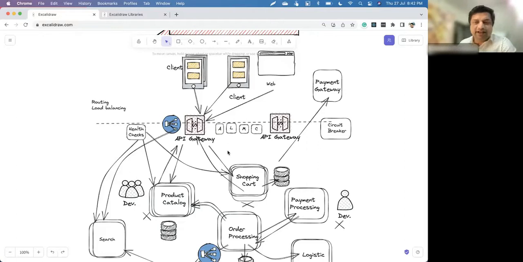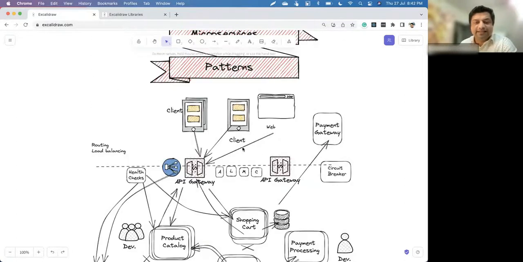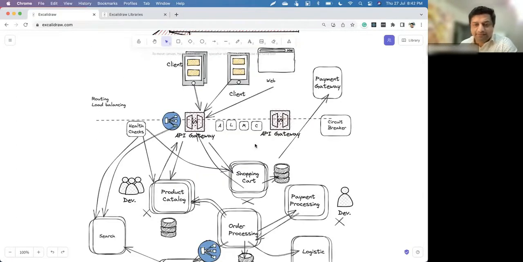Again, service registries are of two types: the client-side service registry and the server-side service registry. In the client-side service registry, you have to take care of service registration.